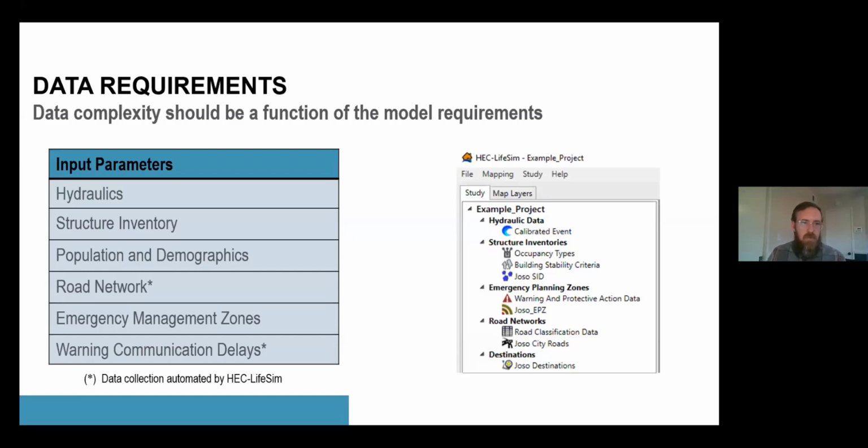Then you need to populate those with census data and demographics. Then the next thing is a road network, so people can follow a path to evacuate. And then LifeSim in particular uses emergency management zones to distribute warnings through the populations. And then warning communication delays, there's a host of those different delays. I'll talk more in detail later. On the right is an example of what that input looks like in LifeSim.